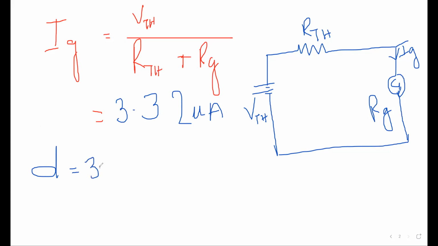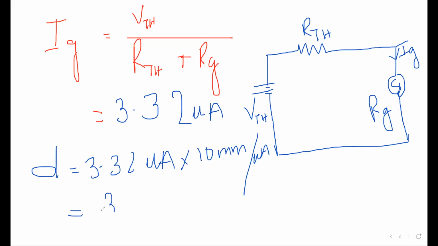That means 3.32 microampere multiplied by 10 mm per microampere. Okay. So इसको अगर पुट करोगे तो तुम्हारा वैल्यू आ जाएगा 3.32 mm. So this is my deflection.